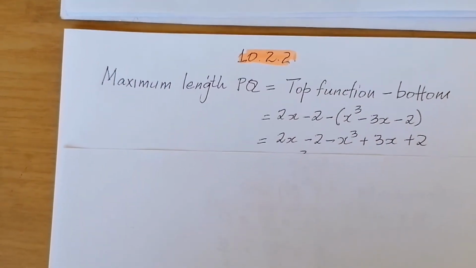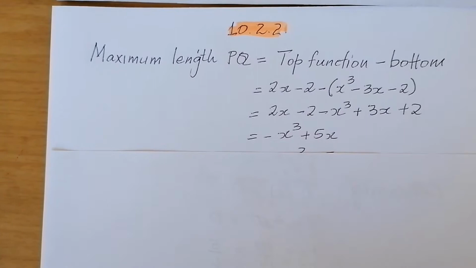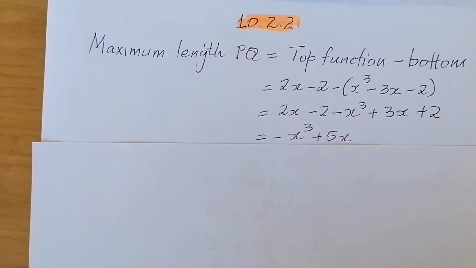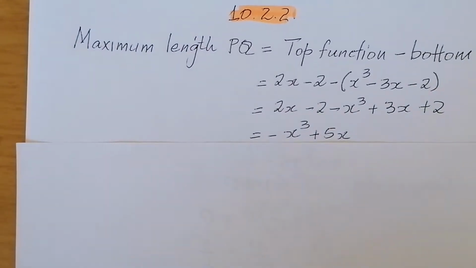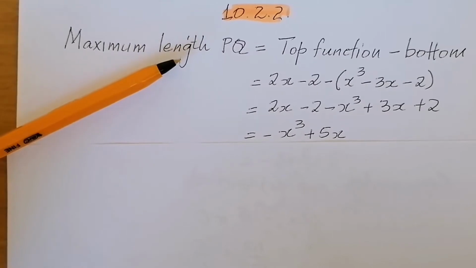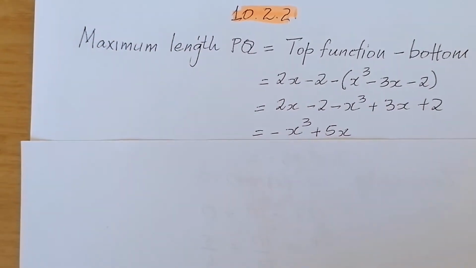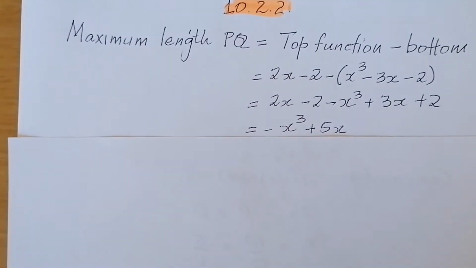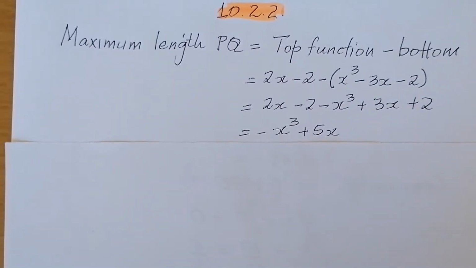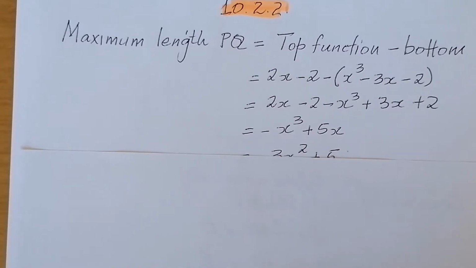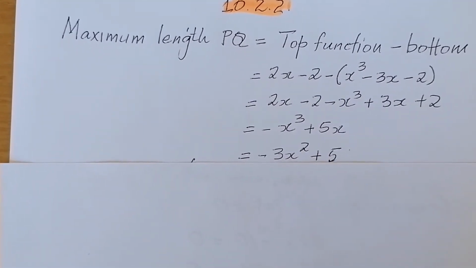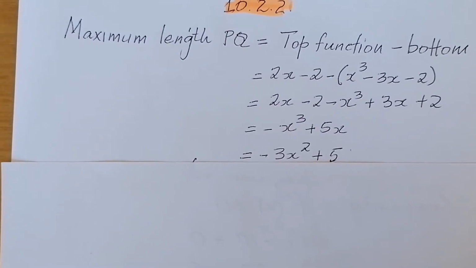Further simplification where we add like terms, we get minus x cubed plus 5x. Now remember the word maximum in calculus tells us to differentiate with respect to the variable what we have there. I differentiate that, it becomes minus 3x squared plus 5.